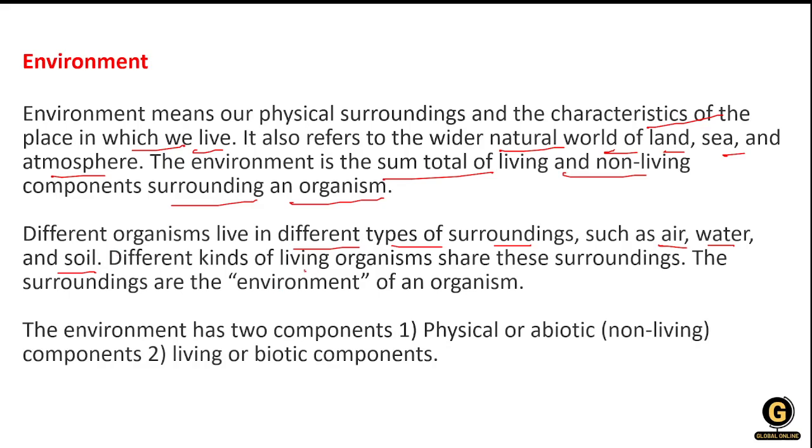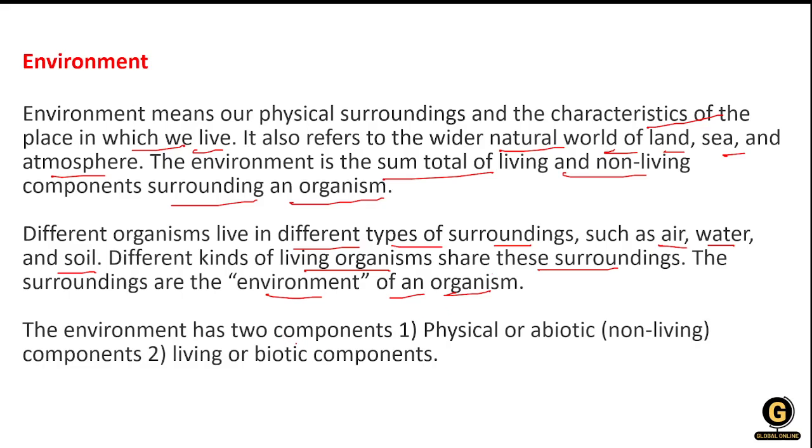Different kinds of living organisms share these surroundings, and some organisms live in air or water and also in the soil, clear. So they share their surroundings. The surroundings are the environment of the organism. Where they live, the surrounding of their place is called environment, understanding.